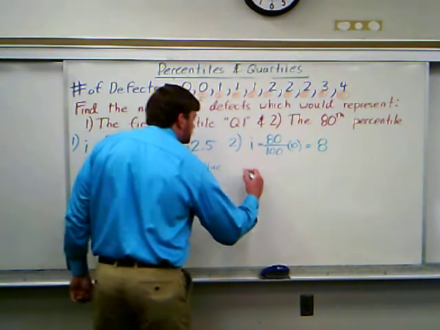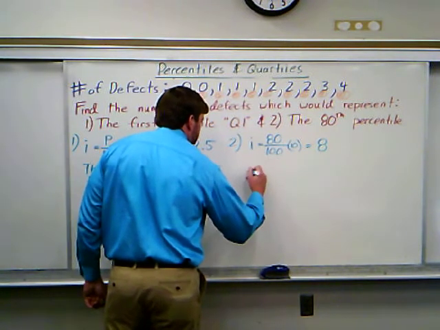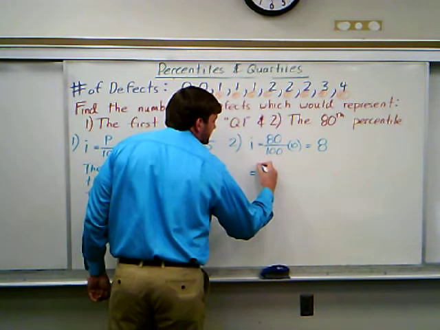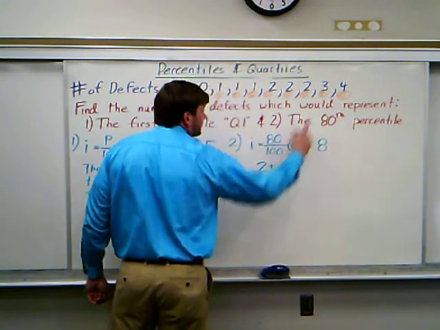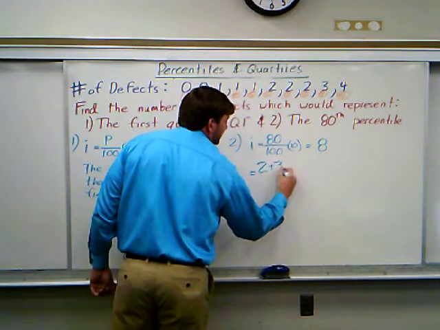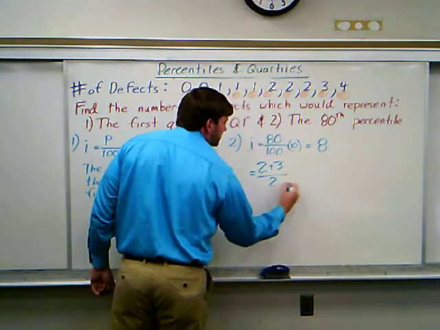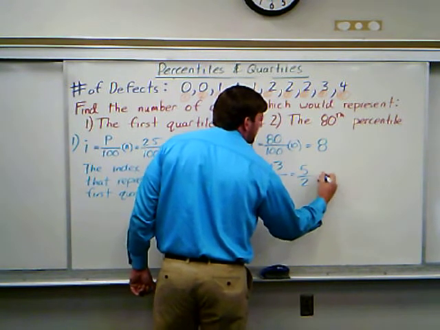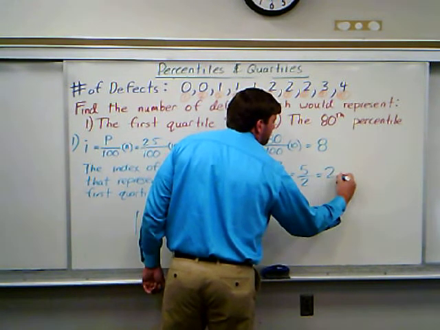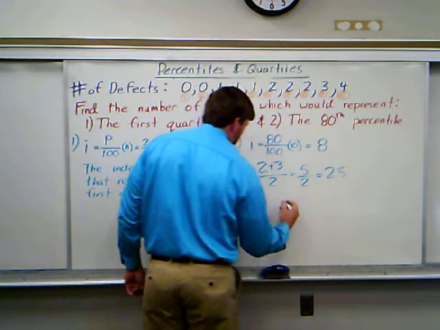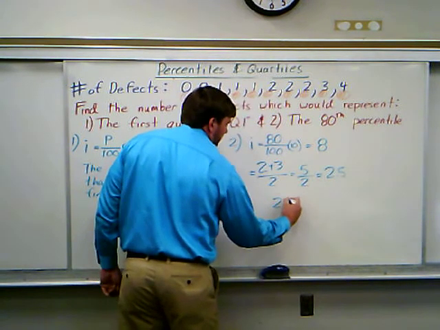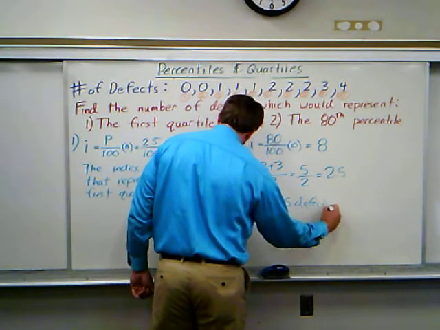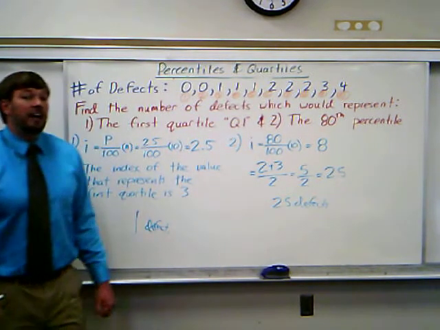So the value in the 8th position is 2 defects, plus the value in the 9th position is 3, and of course the average is just divided by 2, so that's 5 over 2, or 2.5. So the answer is just 2.5 defects for that.